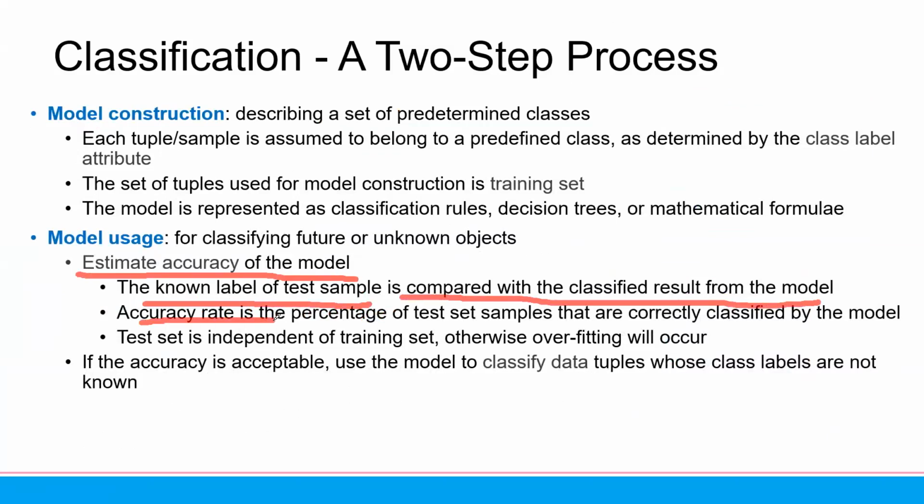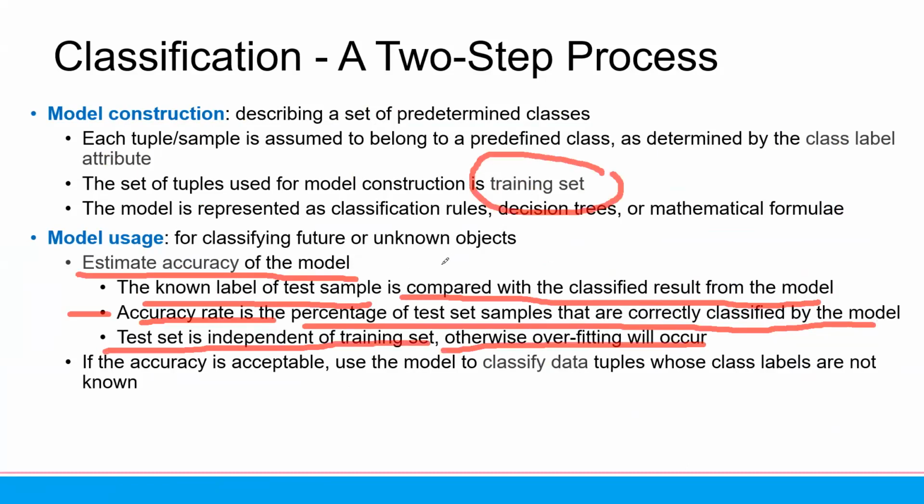The accuracy rate is the percentage of test samples that are correctly classified by the model. The test set is independent of the training set, otherwise overfitting will occur. So this is the training set, and in this model usage, we need to have the test set.